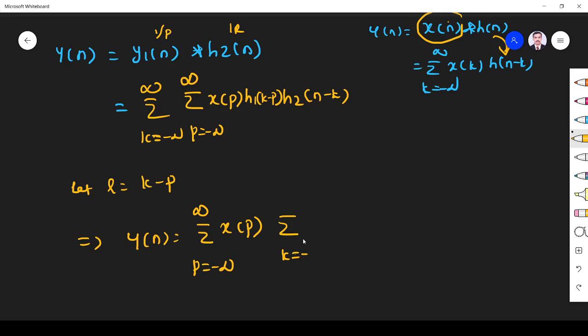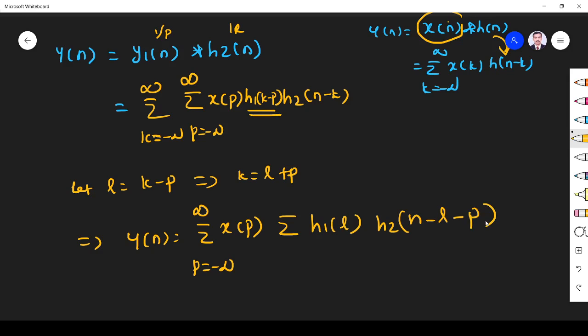I keep k as it is. First I change h1[k minus p]: k minus p I replace with l, so h1[l]. This indicates k is equal to l plus p. So in h2[n minus k], with k equal to l plus p, it becomes n minus l minus p, which I write as n minus p minus l. There is some reason why I am writing n minus p. Both are the same, right? So n minus p minus l.